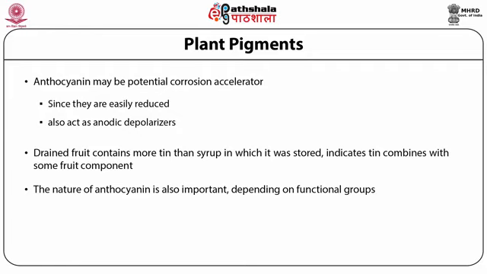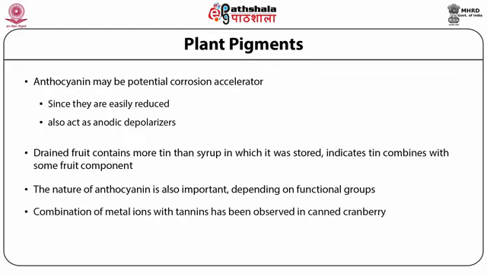The major pigment of strawberries is pelargonidin 3 glucoside, which does not possess the necessary orthodihydroxy groups for complex formation. Therefore, strawberries do not show the same shift to a blue color in the presence of tin salts as do the raspberries.